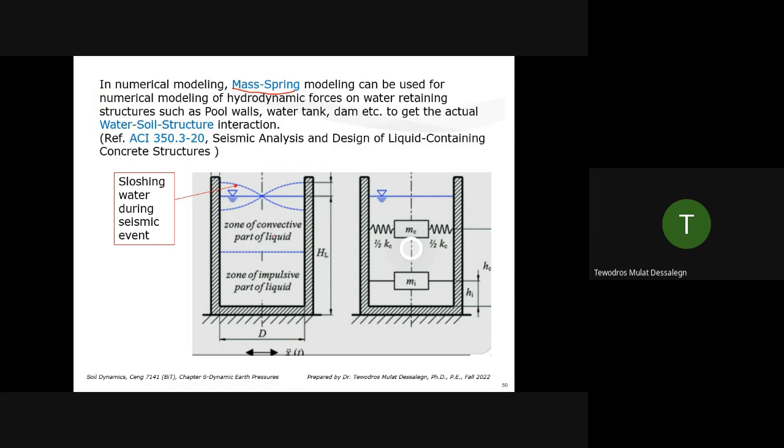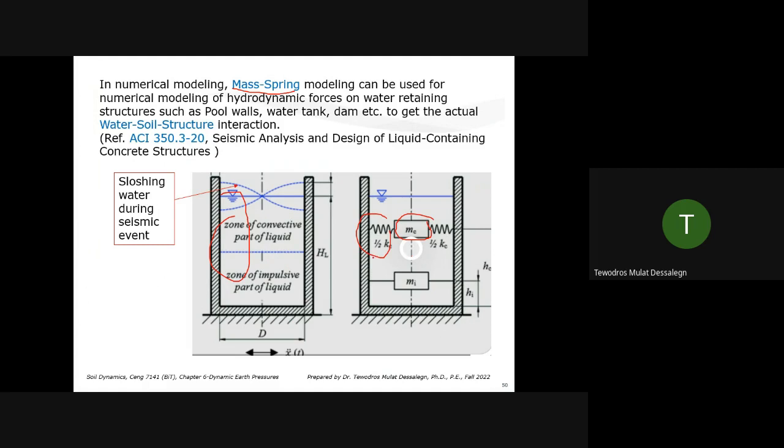But there is limited application for modeling water in software. ANSYS can do that using Fluent, a software within ANSYS for fluid analysis. You can use that, but it gets more complicated. So usually you can use a mass-spring approach. The water is represented by springs and water masses.